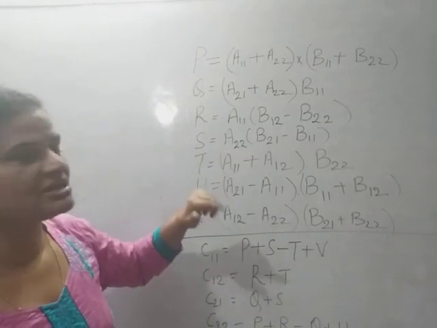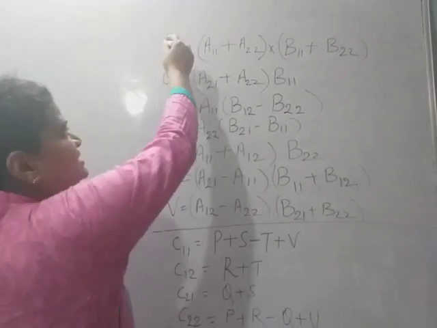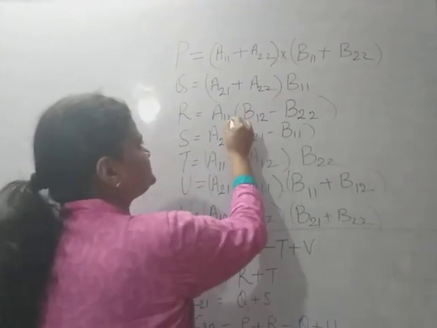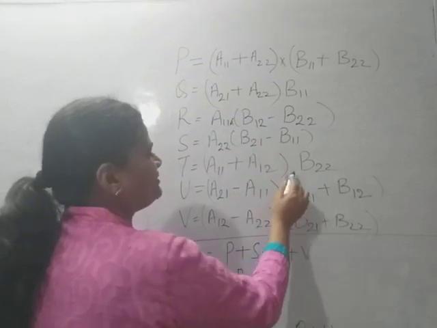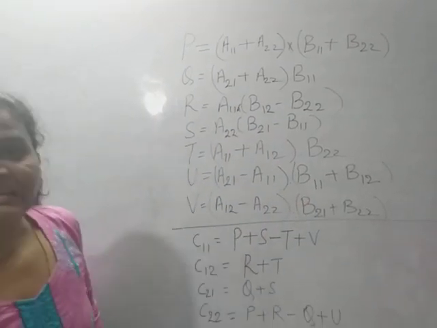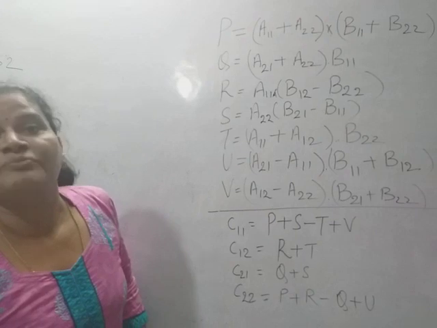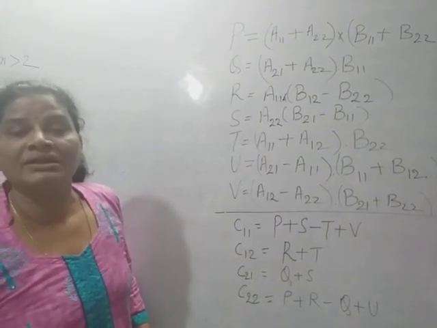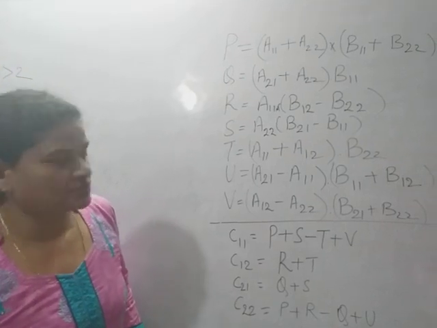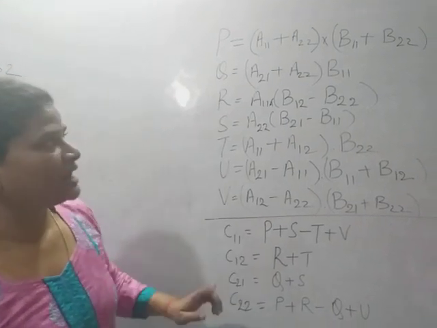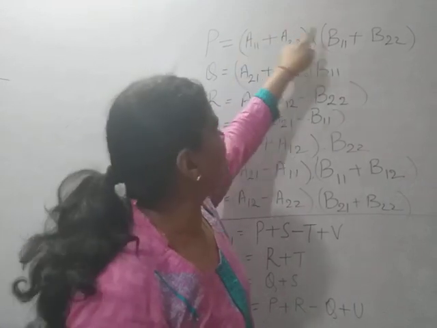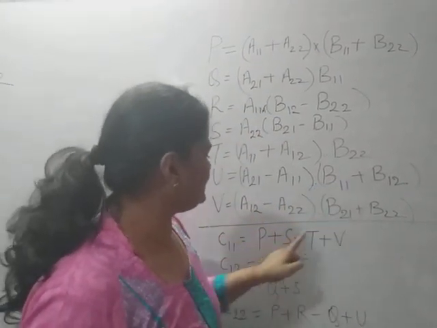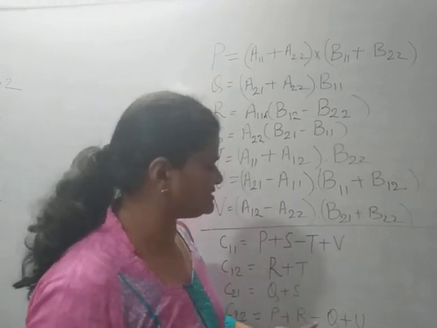So now here you see the number of multiplications. So these are the 7 variables: 1, 2, 3 and 4, 5, 6, 7. So there are 7 multiplications of matrices involved, 7 multiplications of matrices of order n by 2 cross n by 2, and how many additions and subtractions? 1, 2, 3, 4, 5, 6, 7, 8, 9, 10, 11, 12, 13, 14, 15, 16, 17, 18.